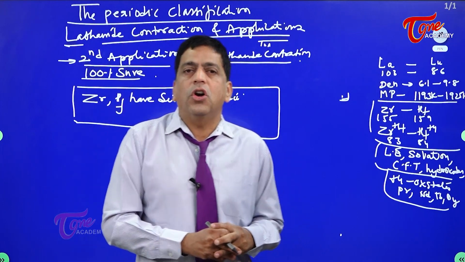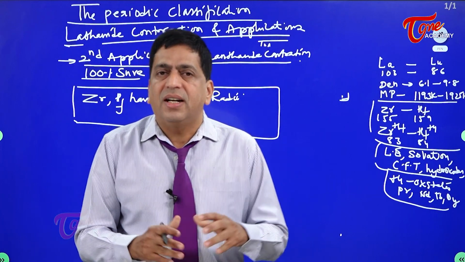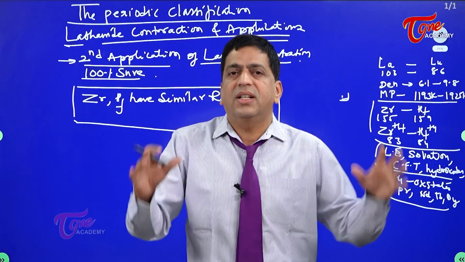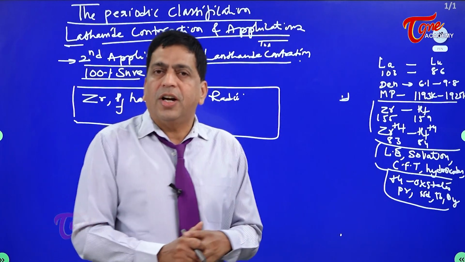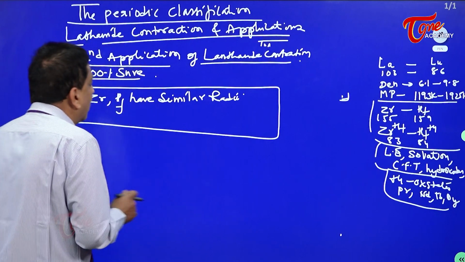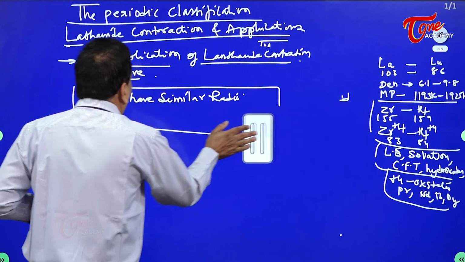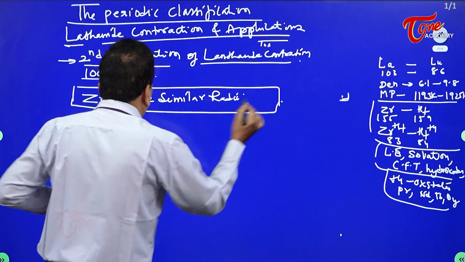Now, first of all, let us plot zirconium and hafnium such that we can understand their position in the periodic table, and then link it to Lanthanoid contraction. So where is zirconium? Where is hafnium? Let us have an idea of where to spot these two in the periodic table.